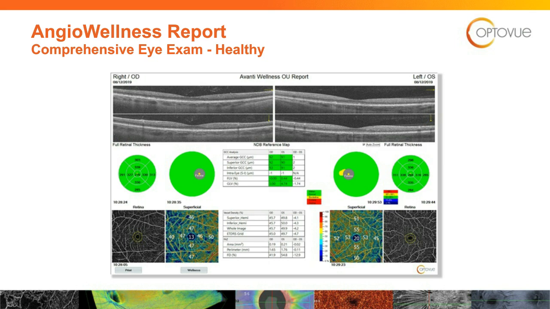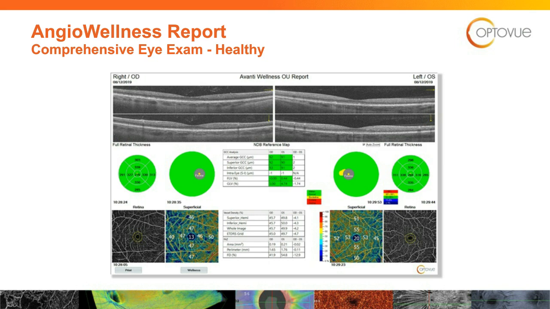And then the 2 color boxes, those are your vessel density, and there's numbers there, but those are not in microns, that's in percentages. And you can see the one on the right eye is a little bit bluer than the one on the left eye. We would maybe want to just make sure that this patient isn't a hypertensive or a patient with diabetes, or at least check out the quality of the scan to make sure everything's okay there.